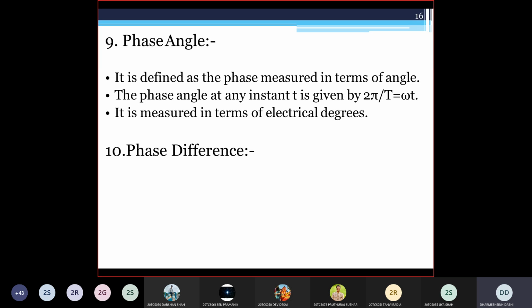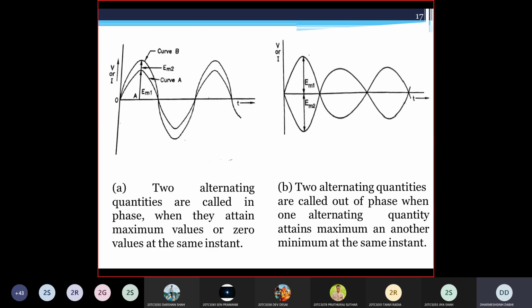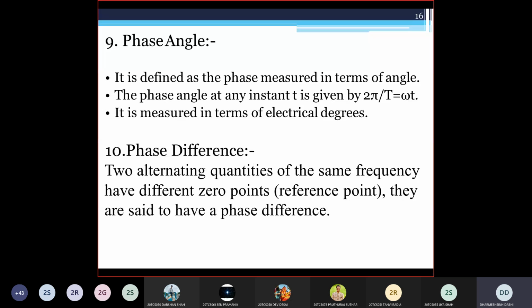What is the phase difference between these two quantities at t equal to 0? It is the maximum minus the minimum value. Whatever the value of one quantity at zero time, and whatever the value of the other quantity at t equal to 0, the difference between these two phases is called the phase difference.